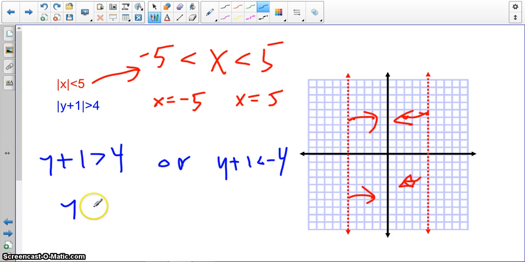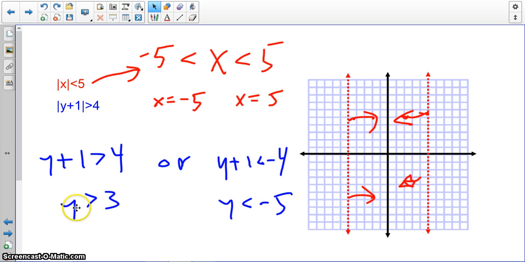Subtract 1 from both sides, 4 minus 1, so you get y is greater than 3, or y is less than negative 5. Okay? So those are two horizontal lines. The boundaries are y equals 3 and y equals -5. Those are the two boundaries.